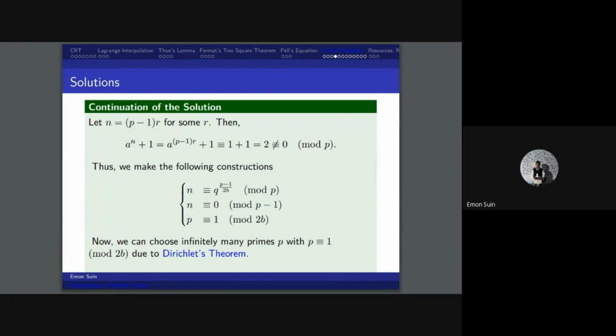Now we keep a as 1, and this d is the 2b. So what we take is a equals 1 and d equals 2b. So now I think you are getting why there will be many primes satisfying this congruence, right?